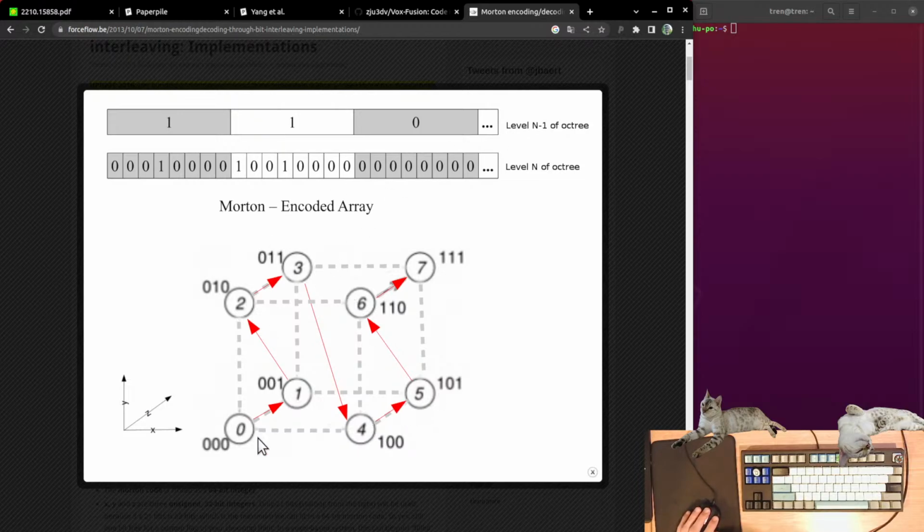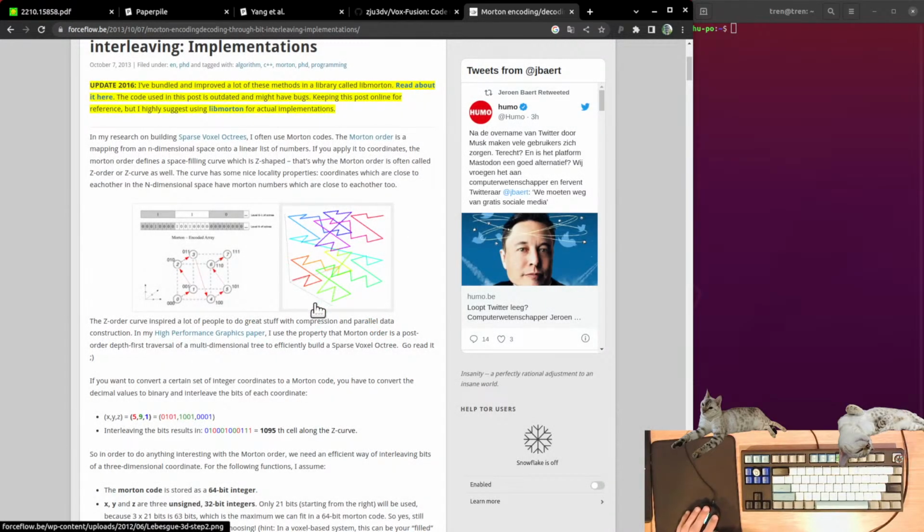It basically seems like this particular pattern, ordering these corners, they're calling it a Z, right? So you go from 0 to 1 to 2 to 3 to 4 to 5 to 6 to 7, and that somehow makes things faster.